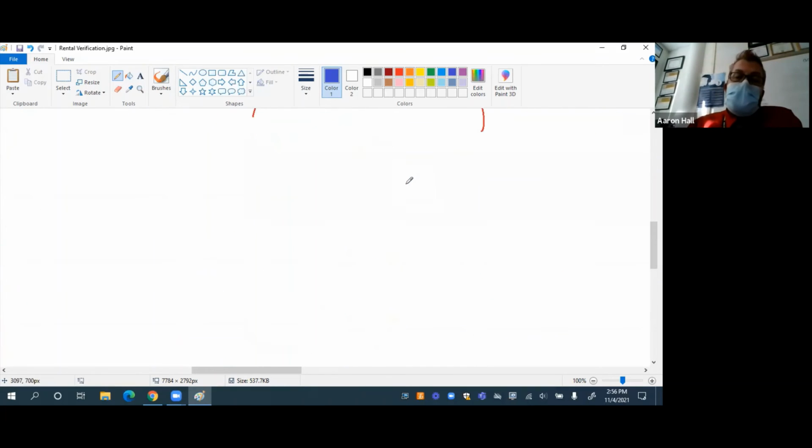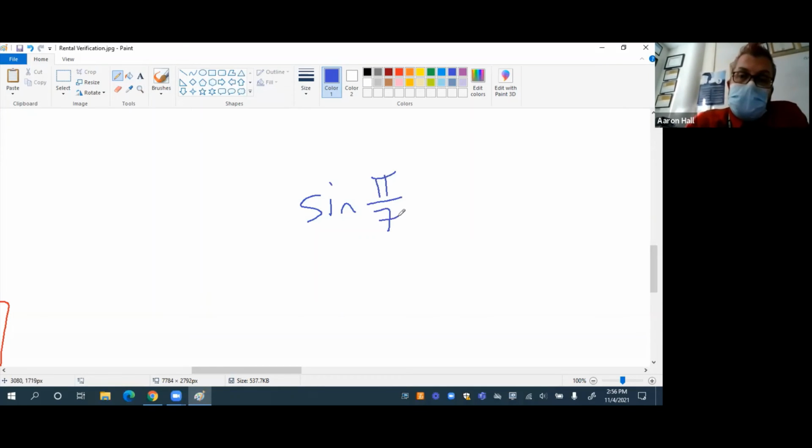Oh, here's a question then. What is sine of a not special angle? Like sine of, I don't know, pi sevenths. We cannot do this without a calculator. We are dependent on a calculator. So the only angles we can do are special angles.